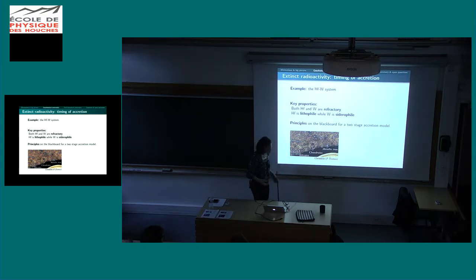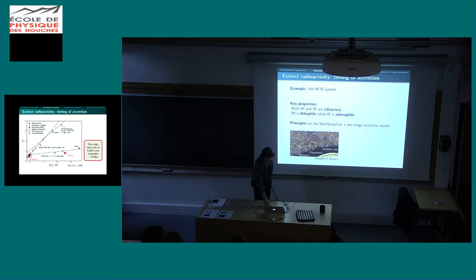So I won't go through the principle of radioactive dating again, since you saw it this morning. Something that was mentioned this morning is that we always rely on chondrites as a good reference for the global Earth. Those are undifferentiated meteorites that you probably heard of on Saturday.